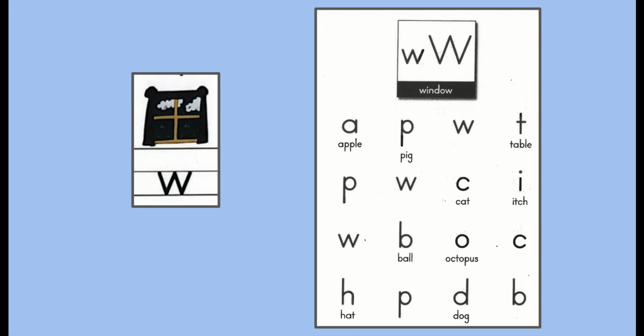Now let's practice it along with some of our previous sounds. Ready? A, apple. P, pig. W, window. T, table. P, pig. W, window. K, cat.